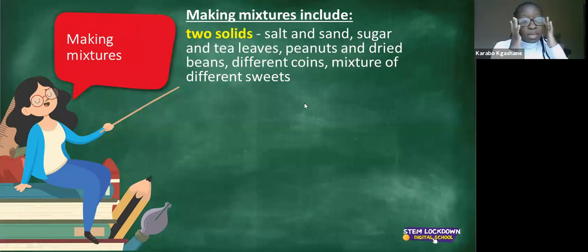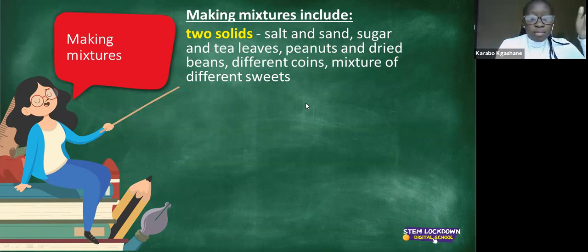We can mix salt and sand to make a mixture that we can separate by sifting. Sugar and tea leaves, we could also separate by sifting. Peanuts and dried beans. Different kinds of coins: you can put 1 rand coins aside, 2 rand coins aside, and a mixture of different kinds of sweets.